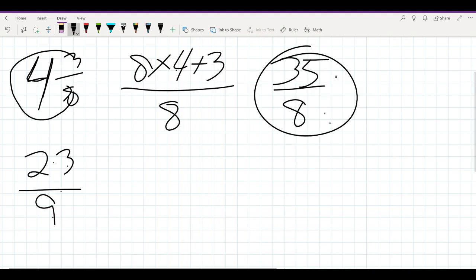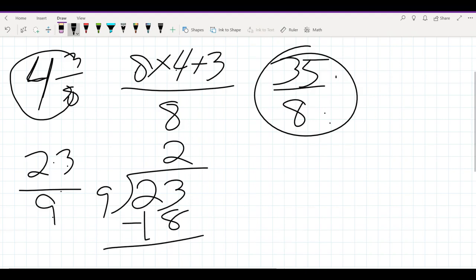9 goes into 23. Well, I know 9 times 3 is 27, so that's too much. But 9 times 2 is 18, right? If we take 23 and divide by 9, I know it goes into there twice. 2 times 9 is 18, and when I do my subtraction, I have a remainder of 5.